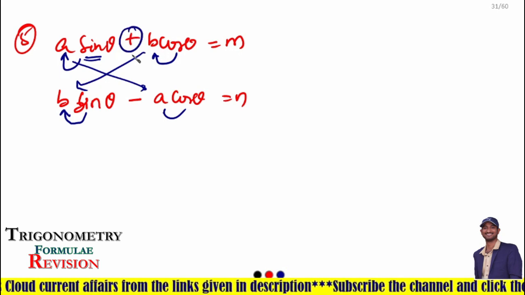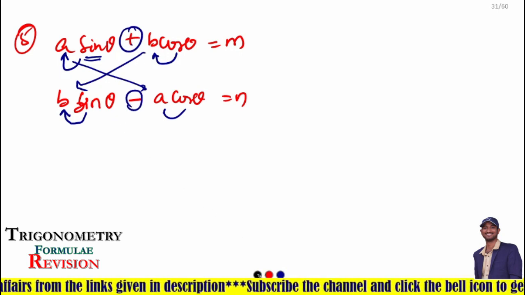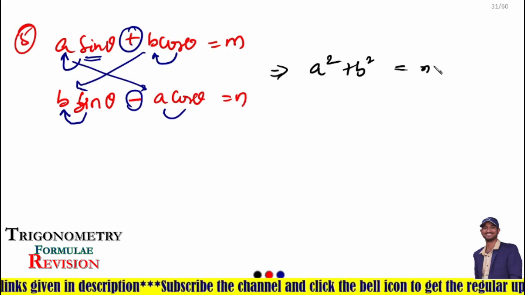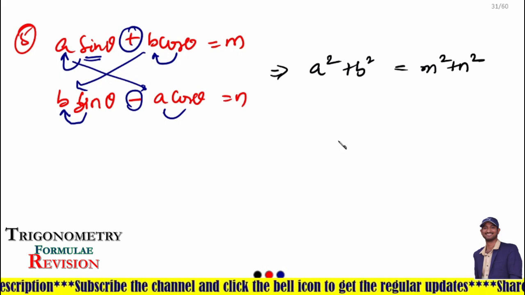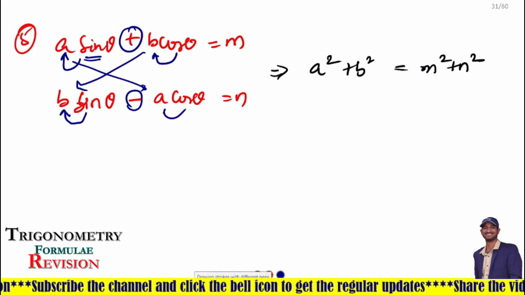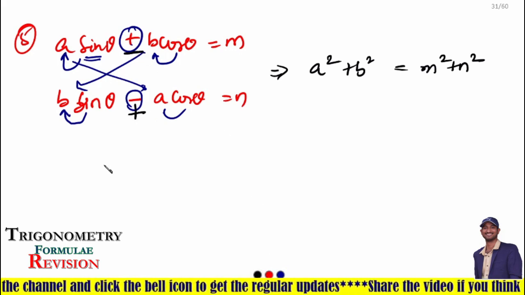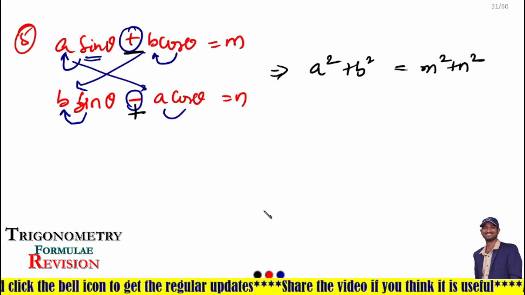And the signs are also changed. One is plus and one is minus. Then a square plus b square is always equal to m square plus n square. For suppose if minus is here, then plus there. Then also the same formula.